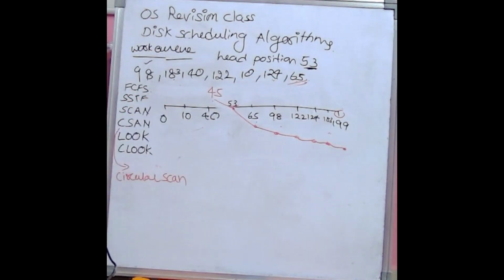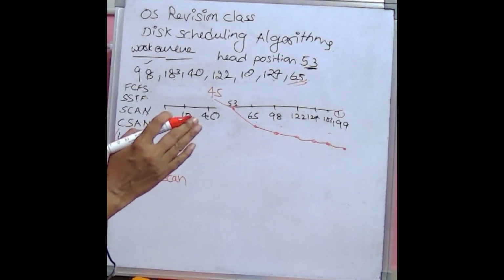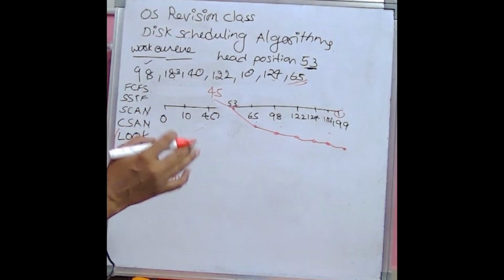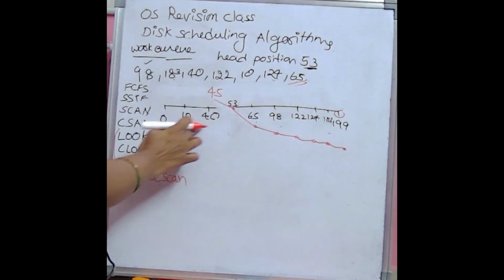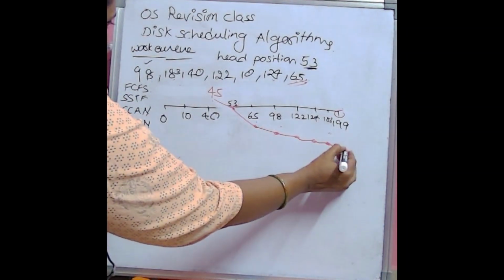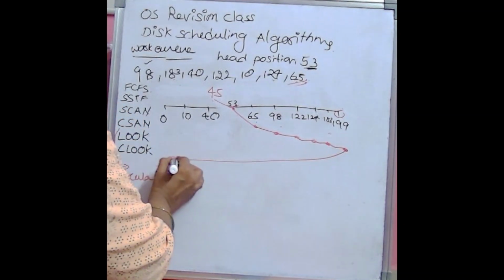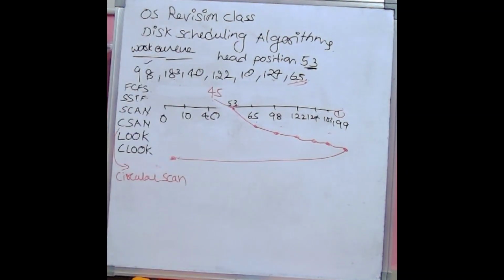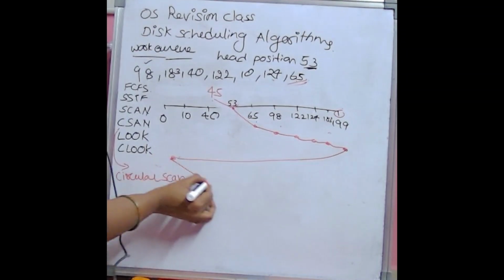SCAN and C-SCAN move till the end, till this point. After that, SCAN comes in the reverse direction, but C-SCAN goes from 199 to the other end and starts in this direction.